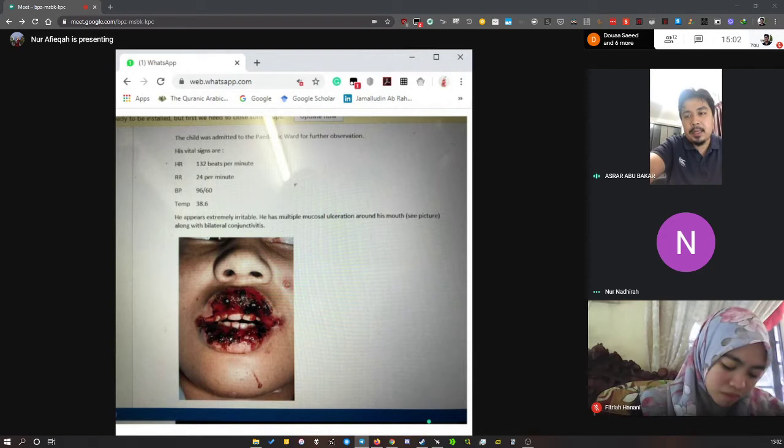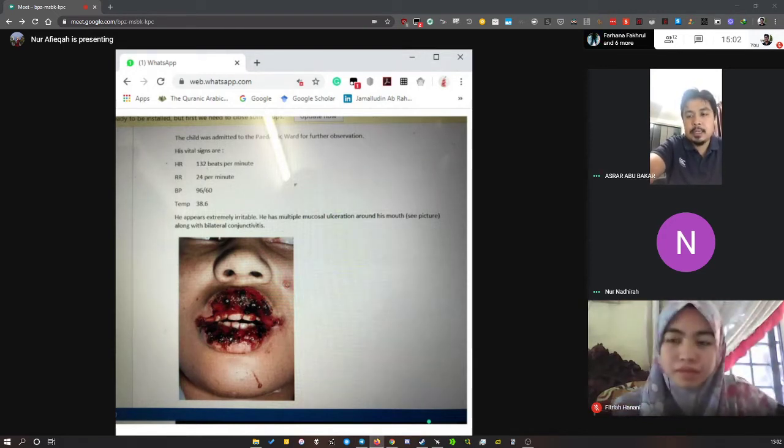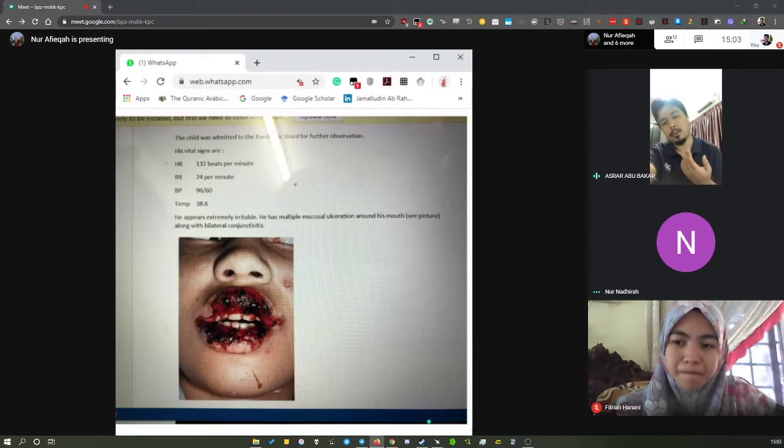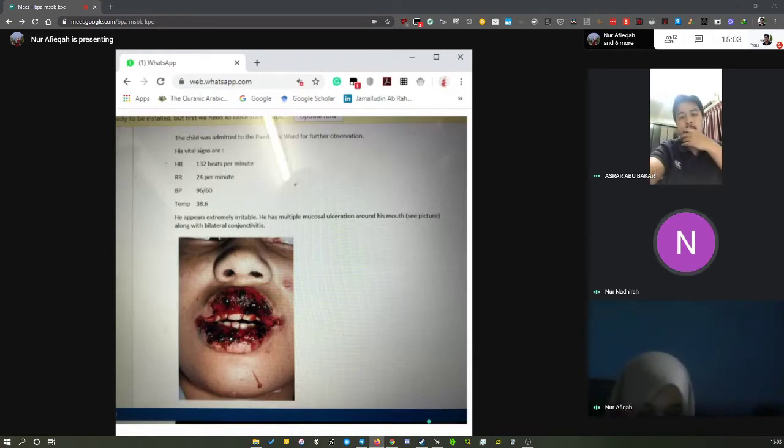So tell me about platelets in Kawasaki. What is the expected result in someone with Kawasaki? Thrombocytopenia? It's actually thrombocytosis, so elevated platelets.